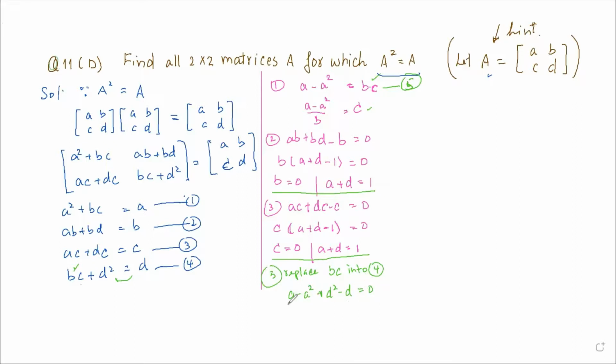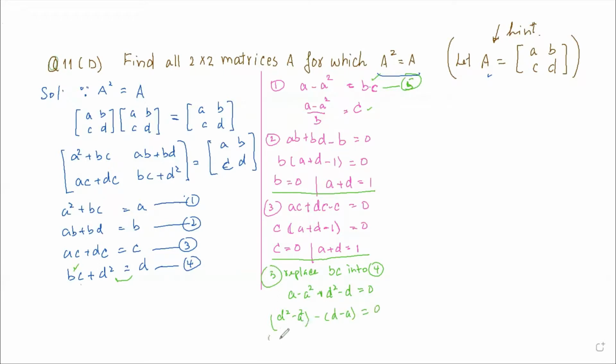Okay, now I rearrange. They look like have AD, so there should be some common factor, right? So this is D square. So I rewrite it down as D square minus A square, and then minus D minus A equal to 0.